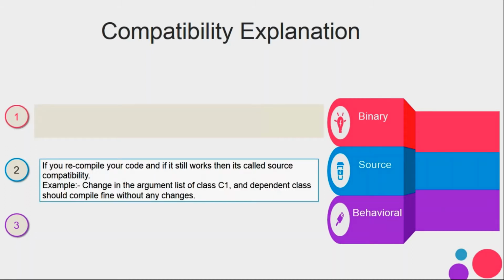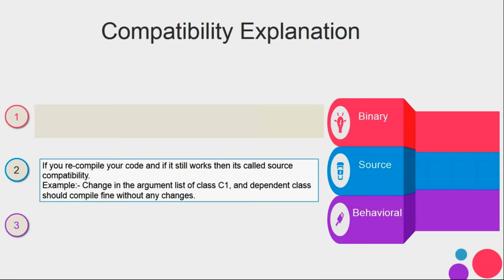Secondly, source compatibility. If you recompile your code and it still works, then it is called source compatibility. Again, an example is a change in the argument list of a class like C1, and its dependent class should compile fine without any changes.